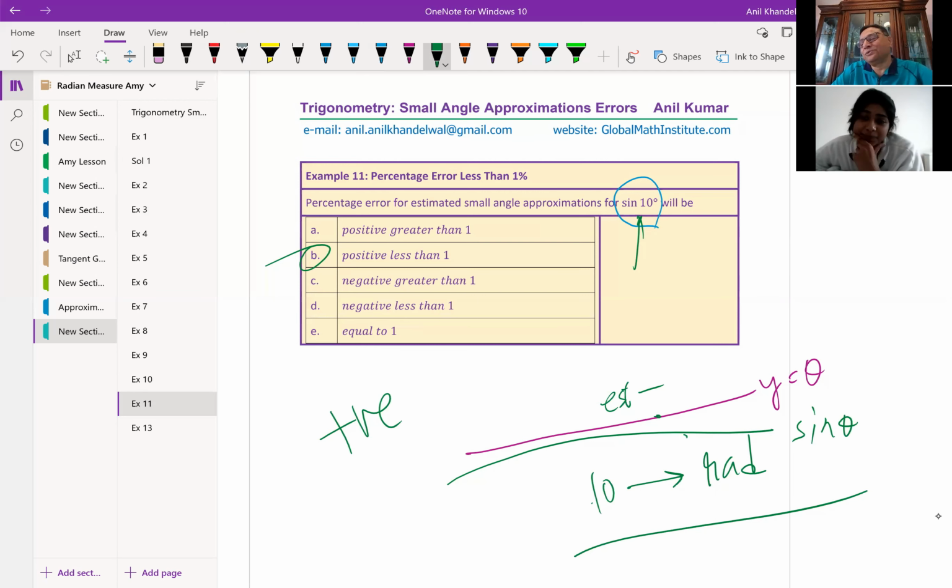That is what I was trying to teach you in today's lesson. You could use the calculator. The whole idea is why I am actually not really in for this chapter. See, when we are estimating, we are actually not using a calculator. If you have a calculator, why will I estimate? That's so true. Because if you have a calculator, then the chapter on small angle approximations makes sense.